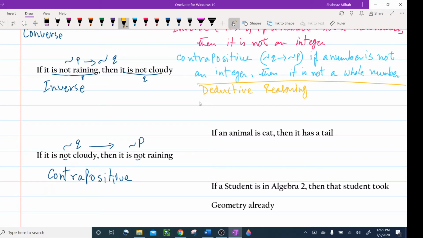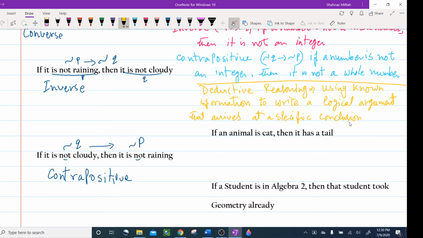The definition was using known information to write a logical argument that arrives at a specific conclusion that is true.